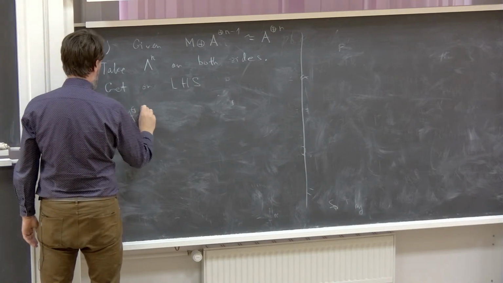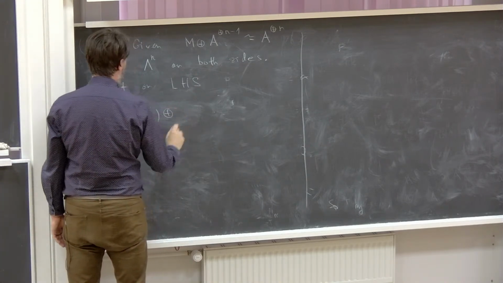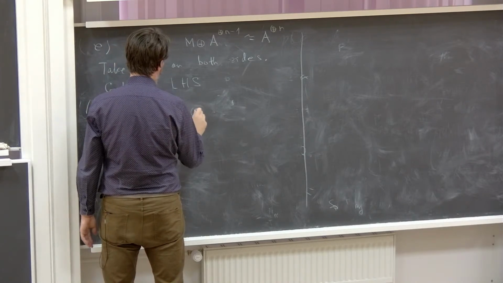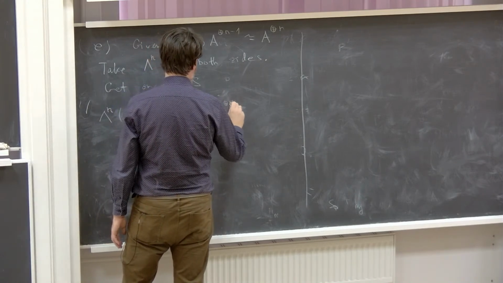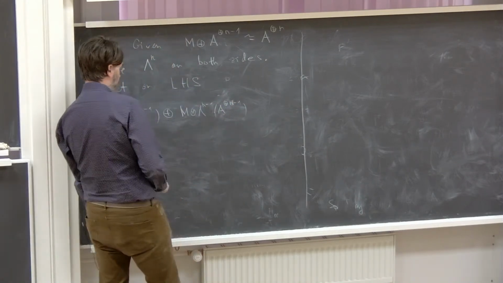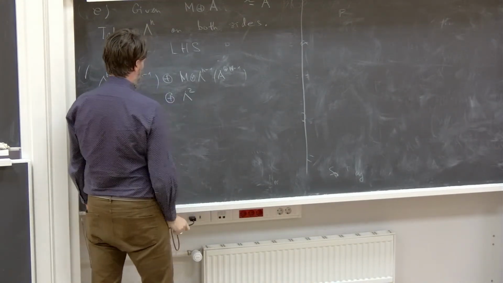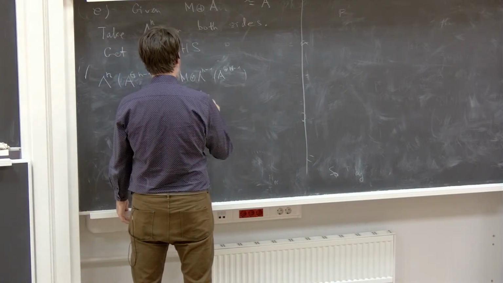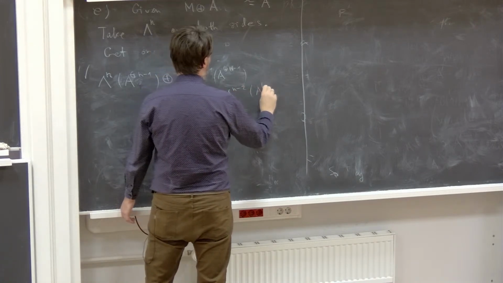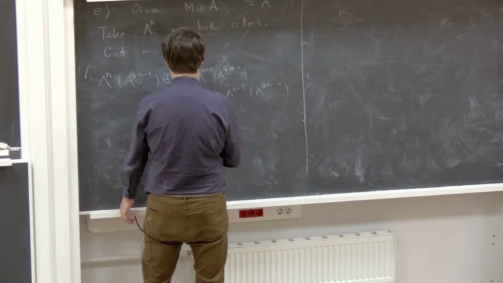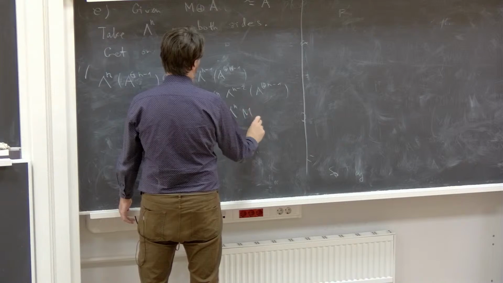So you need to check that this is what you get. You'll get wedge n on one copy, and then you'll get one copy of M and wedge n-1 of the n-1 copies, plus wedge 2 of M and wedge n-2, and so on, to wedge n of M.